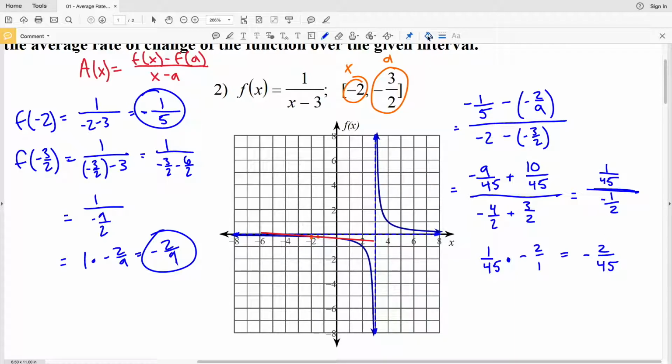So negative 2/45 is the average rate of change for number 2. And remember, the average rate of change is the slope of that secant line. And our secant line is formed by plotting our 2 given points. Let's move on to number 3.